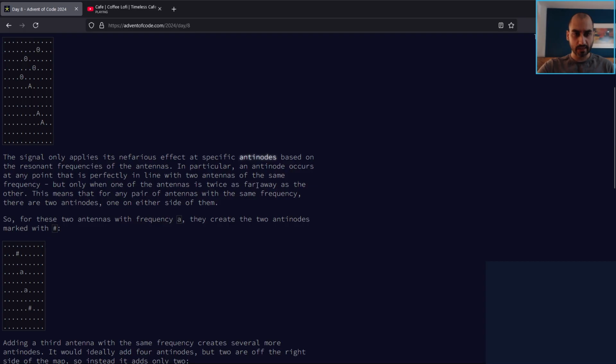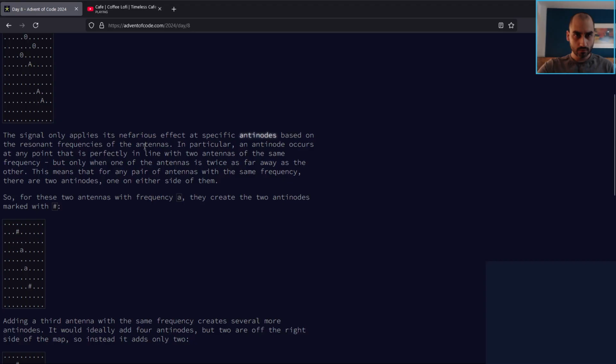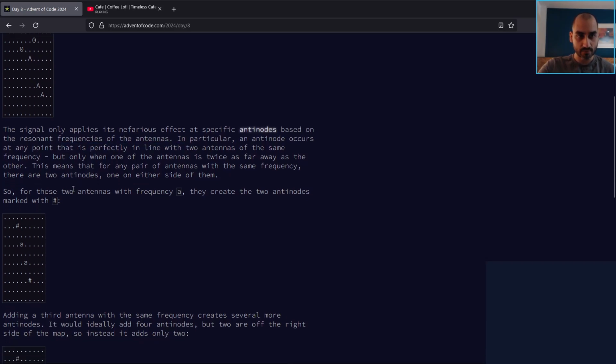So they're on a line. Do they mean vertical and horizontal? Hang on. No, it means vector line. So it doesn't matter, it could be at any angle, I guess. Yeah, well, they'll give examples.